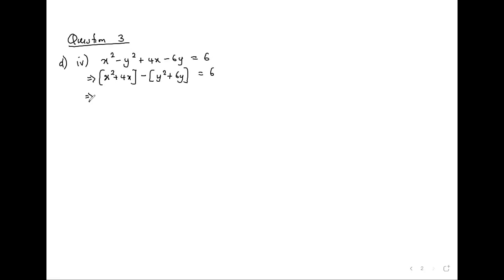We complete the square for x squared plus 4x: we get x squared plus 4x plus, you get the half of 4, which is 2, square it and subtract this square. And then minus, you do the same to y squared plus 6y. You add the half, which is 3 squared, subtract 3 squared, and then is equal to 6.